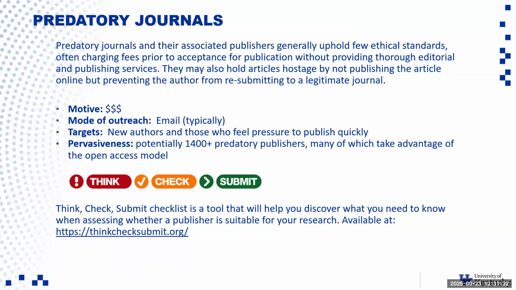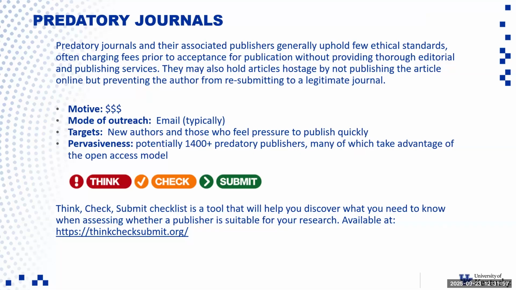So this is the slide about predatory publishers. With the rise of open access for the past probably 20 years now, we've seen predatory publishing. It is motivated by profit rather than scholarly rigor or scholarship.